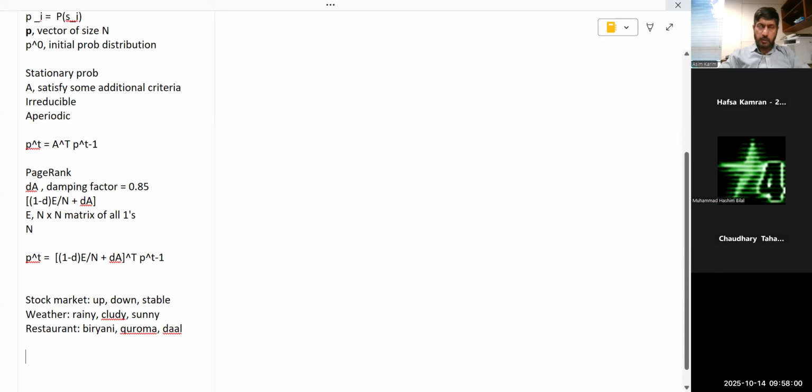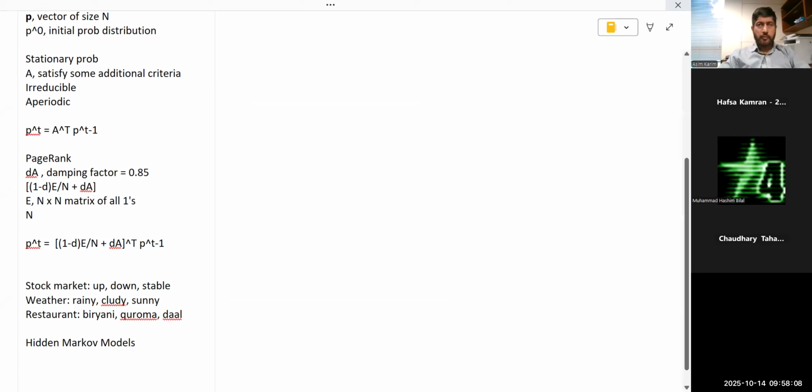So now let's move on to the hidden Markov model. So far we have considered a single sequence of events. In the case of language model, it was a sequence of words. In the case of web graph or page rank, it was a sequence of web pages that a surfer would visit. ठीक है?